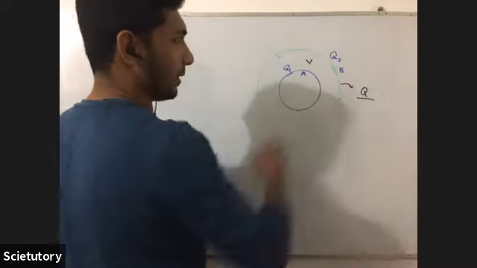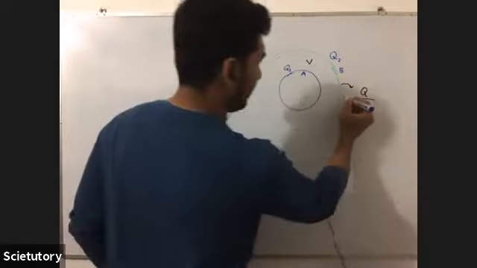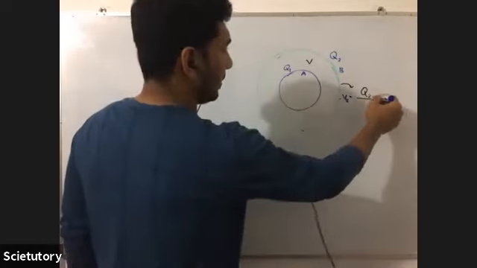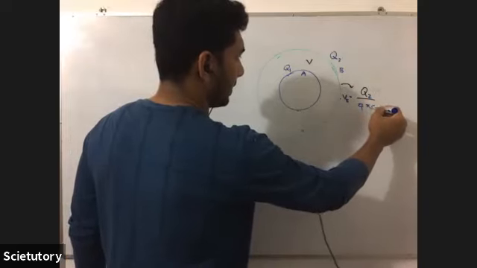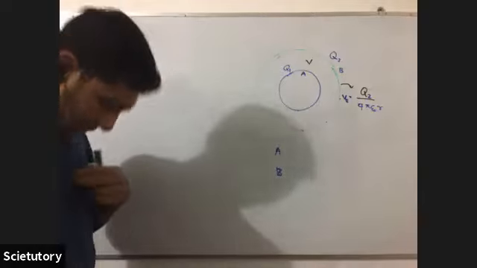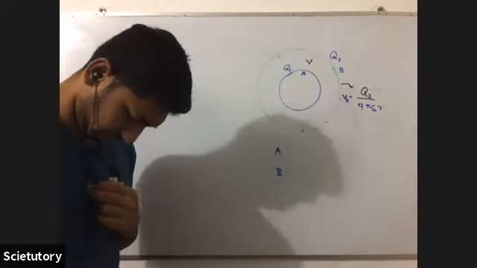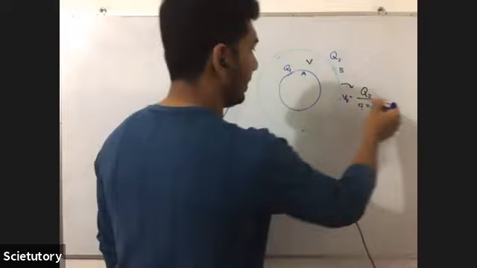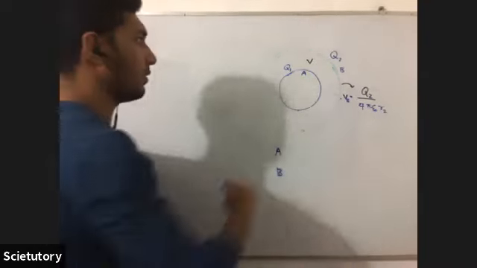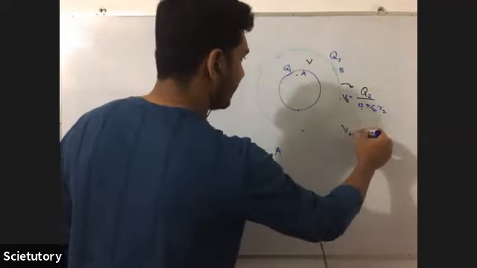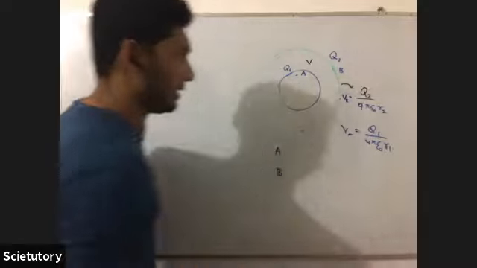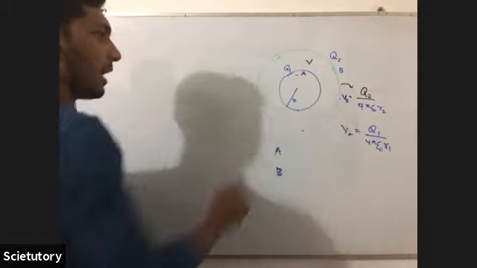The potential of B is VB equals Q2 over 4 pi epsilon naught R2. We shall take the radius of B as R2. What's the potential of A? VA is equal to Q1 over 4 pi epsilon naught R1. We shall take the radius of A as R1.